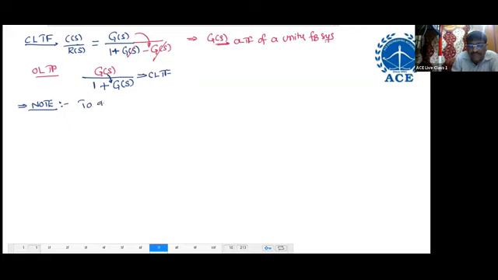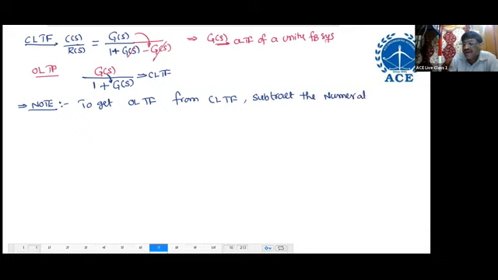Note, to get open loop transfer function from closed loop transfer function, subtract the numerator term in the denominator.